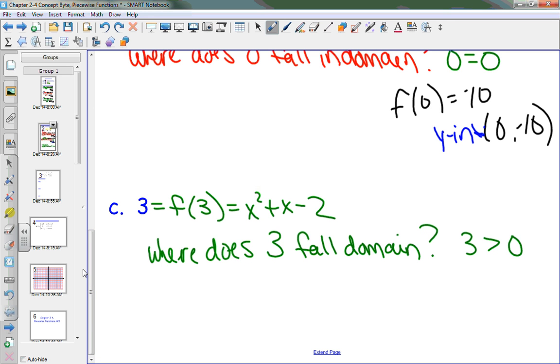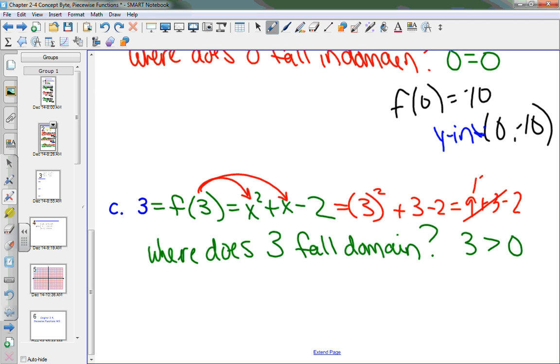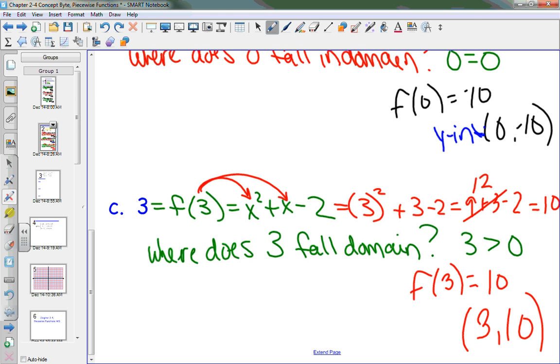Every place I see an x, I'm going to plug in 3. So that's 3 squared plus 3 minus 2. 3 squared is 9, plus 3 gives me 12, minus 2 gives me 10. So f at 3 is equal to 10, giving me the ordered pair 3, 10.